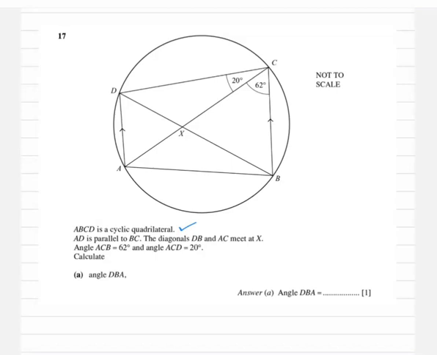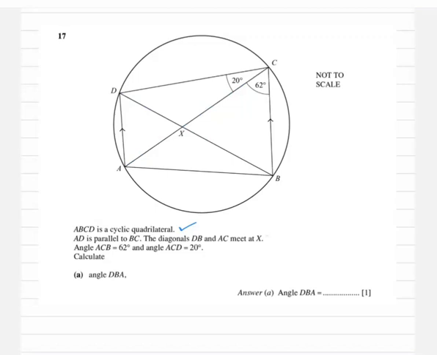The diagonals DB and AC intersect at point X. So remember, diagonals are straight lines which connect vertices in a shape from one corner to the other. That's a diagonal. From one corner to the other. That's a diagonal. So lines that connect corners of a shape or vertices of a shape are diagonals. So our two diagonals meet at point X.